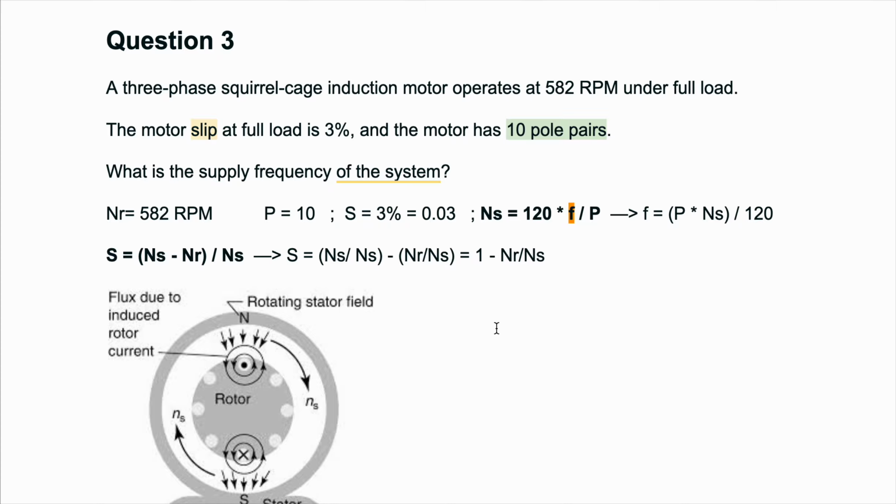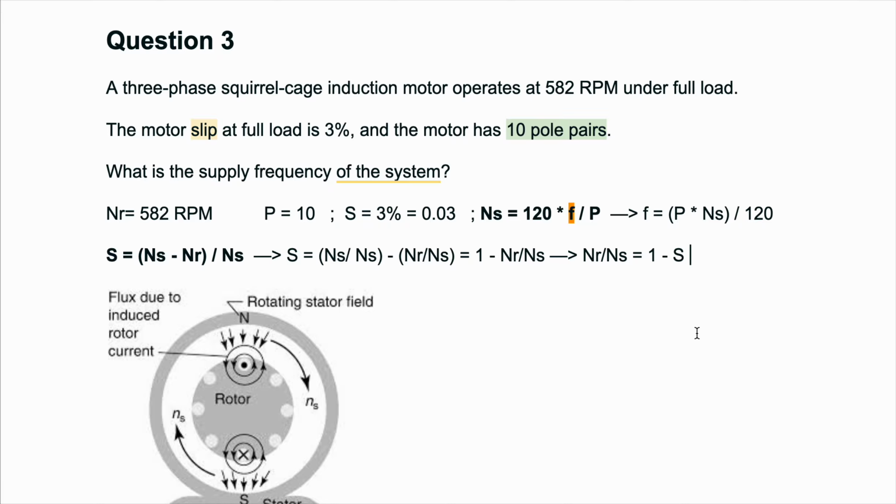So we have the S, and we need the NS, so we can write NR divided by NS equal to 1 minus S. I bring this S to this side of the equation, and also bring the negative NR divided by NS to that side, and make it like this.